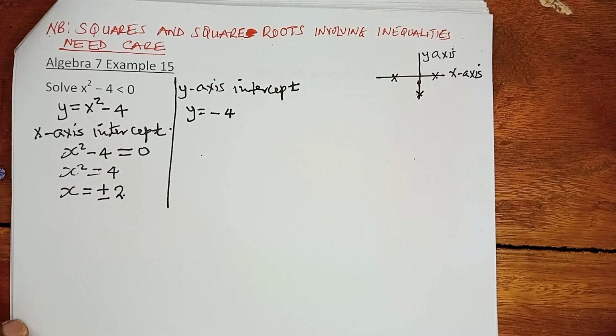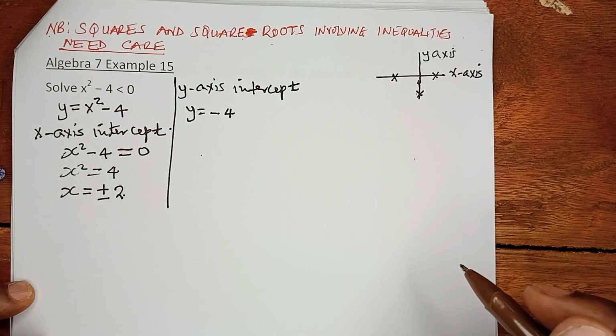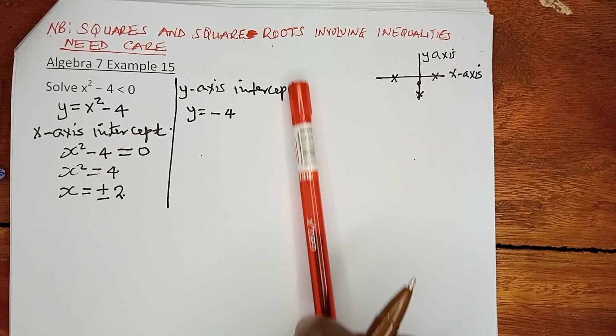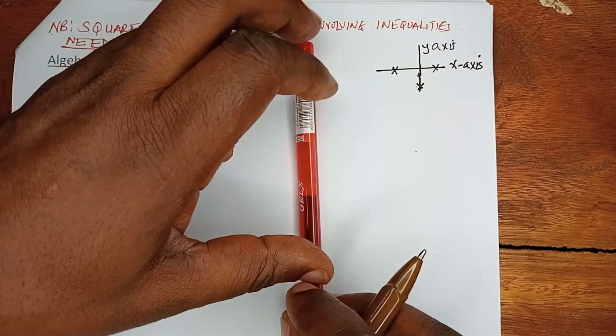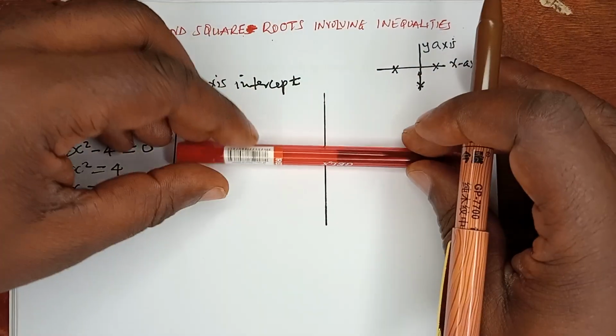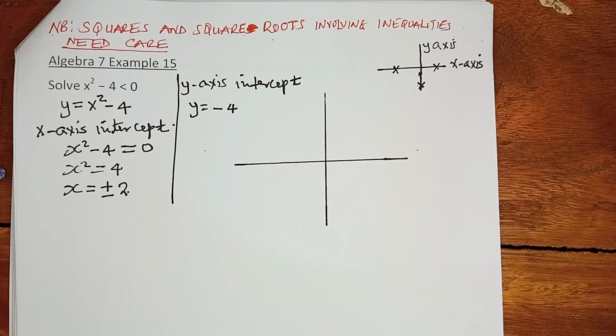Having realized that, now we can go ahead and highlight our points in the x-axis Cartesian plane. Let us improvise this ruler and use this one as the y-axis, and that one as the x-axis.